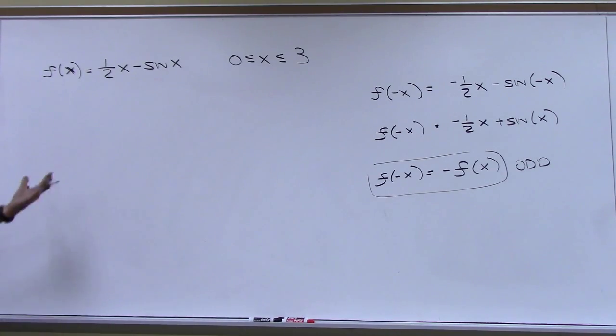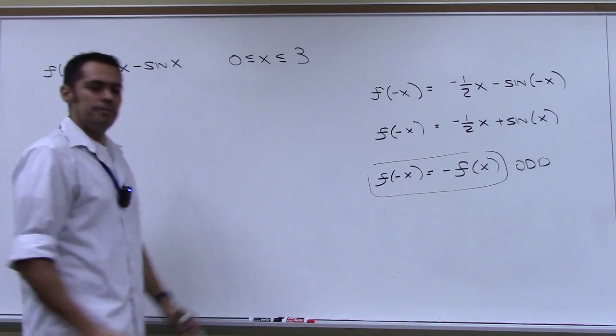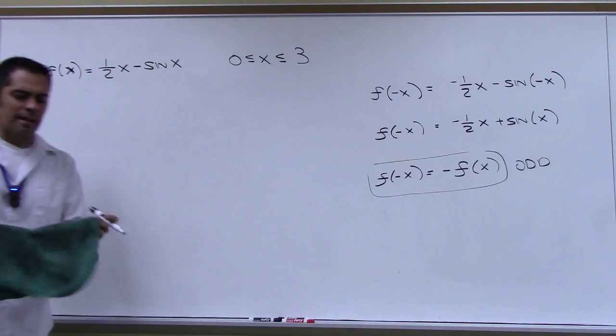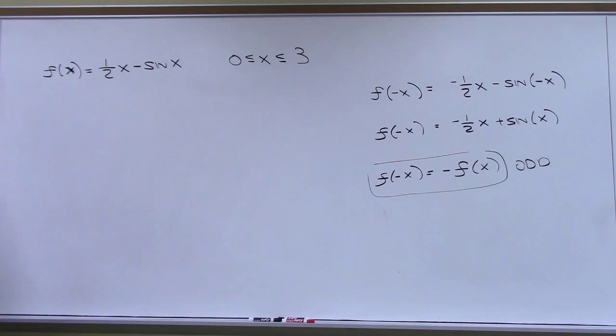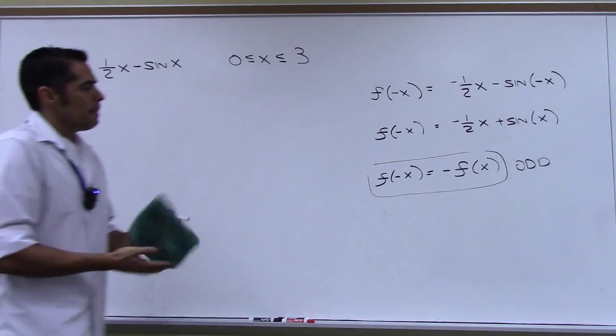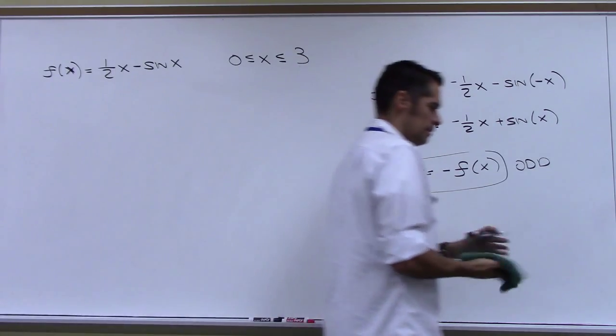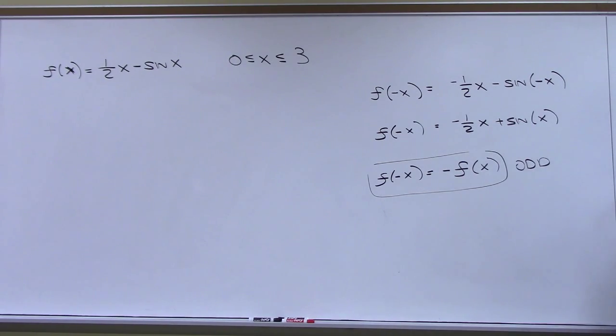But would you want us to recognize that on the test, recognize that it's symmetric, or recognize that you're not going to need the symmetry? Like say f of negative x is equal to negative f of x. I probably wouldn't take off if you left it off, because this is on an interval that doesn't have the other side.